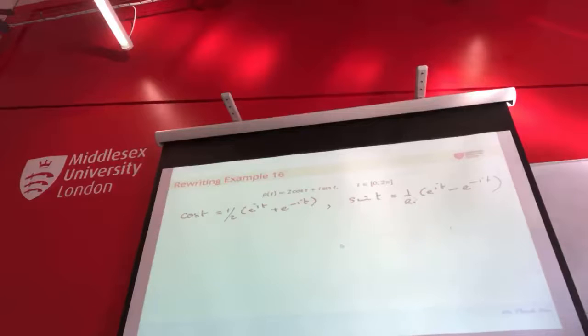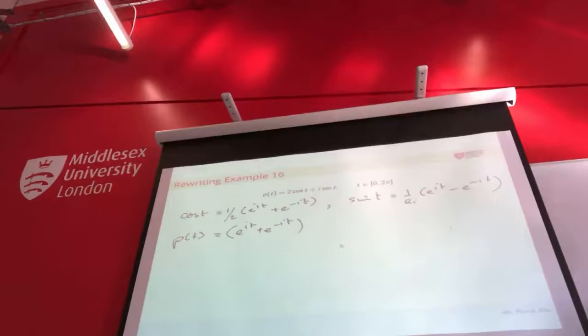These are just what we did in the first lecture. And then you can simplify this slightly, so 2 cos t is just e to the it plus e to the minus it.